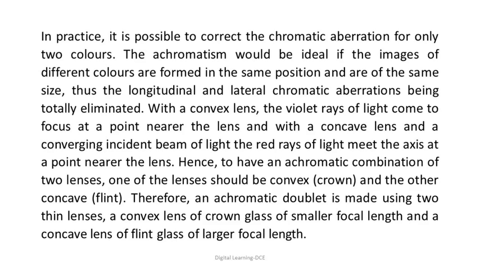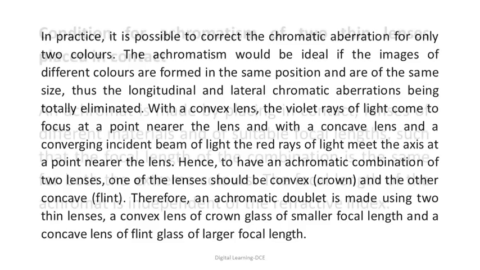Hence, to have an achromatic combination of two lenses, one of the lenses should be convex of crown glass and the other concave of flint glass. Therefore, an achromatic doublet is made using two thin lenses, a convex lens of crown glass of smaller focal length and a concave lens of flint glass of larger focal length.